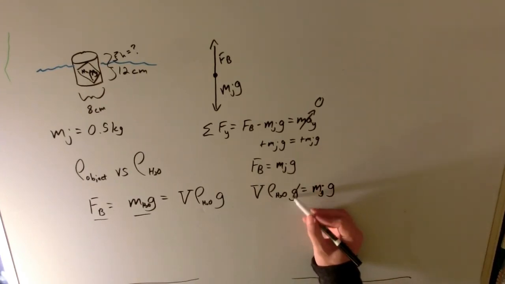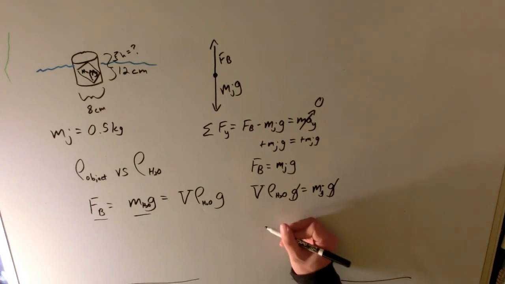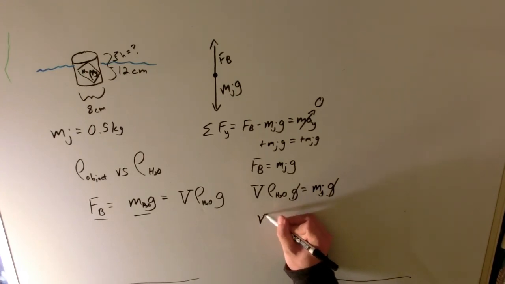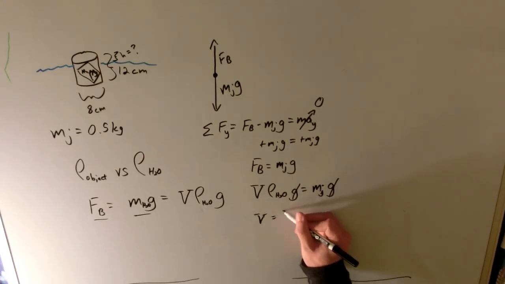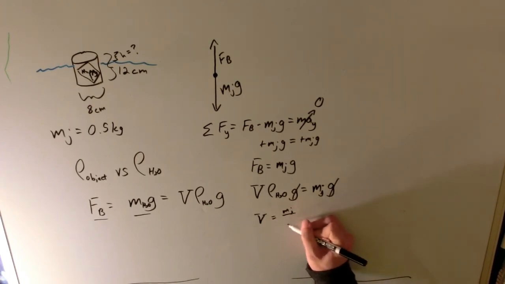We can see that in this case g actually falls out, which is good. And if I solve for my volume, I'll find that it's the mass of the jar divided by the density of water.